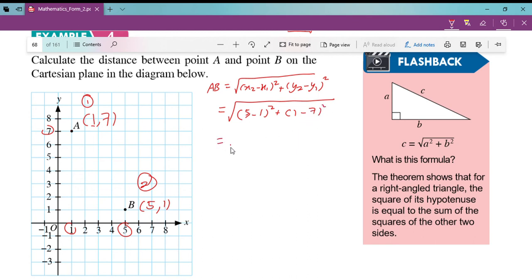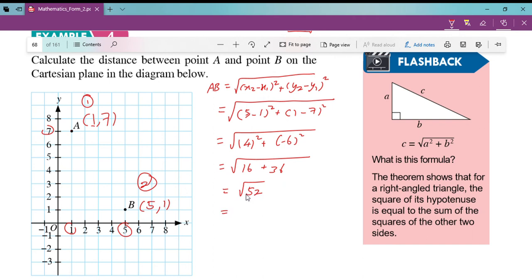After that, please do the calculation. 5 minus 1 is 4 squared, plus 1 minus 7 is negative 6 squared. Please press your calculator and get the value for the squares. 4 times 4 is 16. Negative 6 times negative 6 is 36. So you have square root of 52.